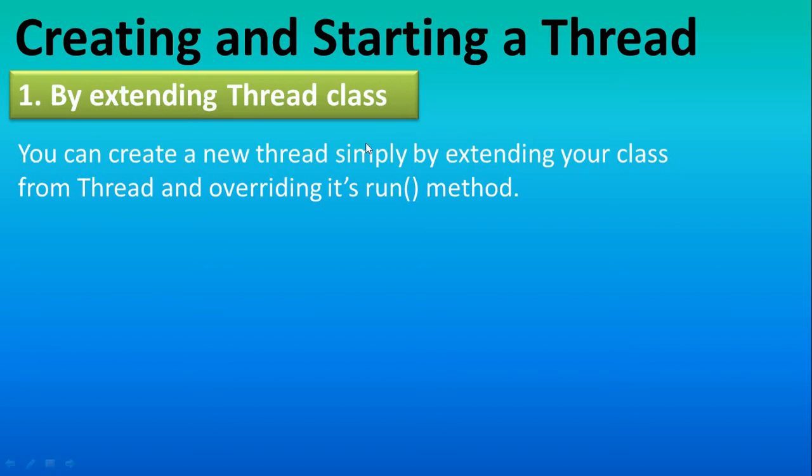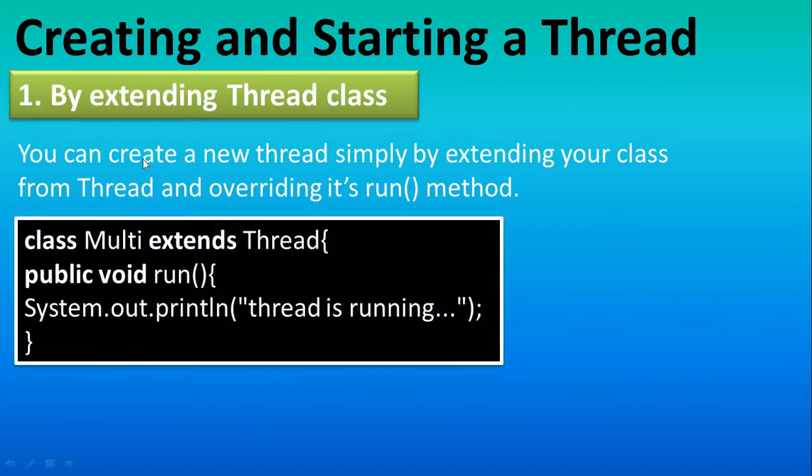You can create a new thread simply by extending your class from Thread and overriding the run method, because the run method is present in the Thread class itself. As usual you create the class, but you extend it using the Thread class, and you override the run method, which is public void run. Whatever the code is, it is very important that it should be written in the run method, because that run method belongs to the Thread class.